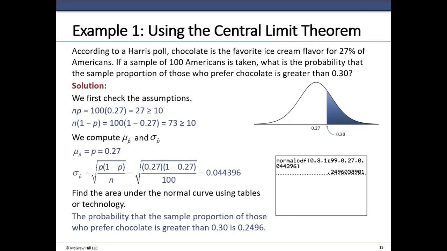Now you want to find the probability. Mu p hat, the center, is equal to p, which is 0.27. Find the probability that the sample proportion whose preferred flavor is chocolate is greater than 0.3. So you're on the right of 0.3. Your lower is 0.3, upper is a very large positive number, 1E99. You go second, VARS, number 2 is normal CDF.